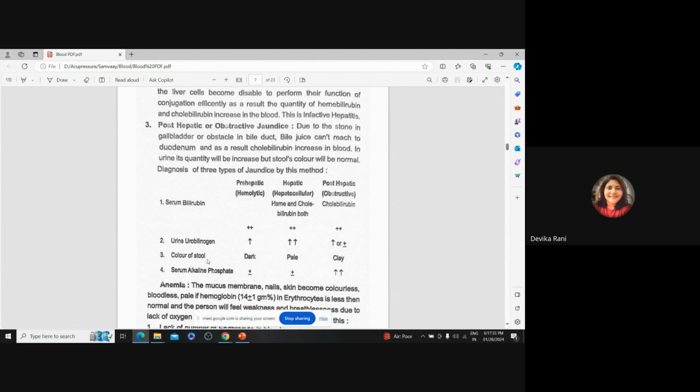The color of stool is dark in pre-hepatic, in hepatic it is pale, in post-hepatic it is clay. And serum alkaline phosphatase can be more or less, but in post-hepatic obstructive it will definitely be more.